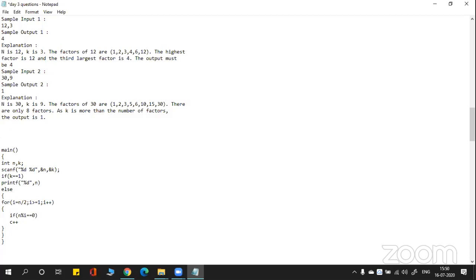So tell me, what should be the c value here? Can I make the c value 0? Exactly. What should the c value be? The c value initially should be 1, because if you observe, I am not considering the condition k is equal to 1, which I have already written. So if I take numbers, for 12, 12 is already taken, so the next, n by 2, is 6.